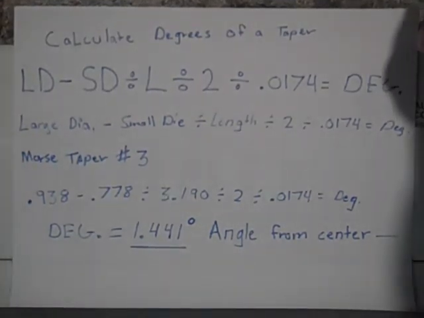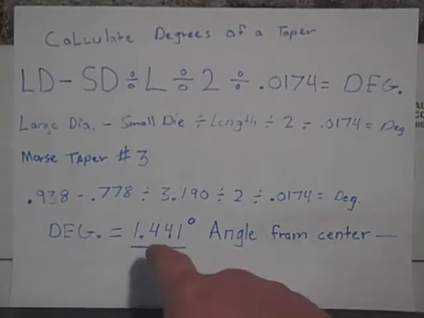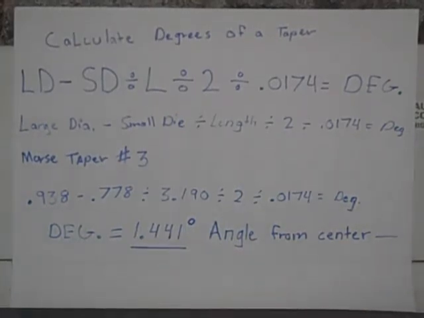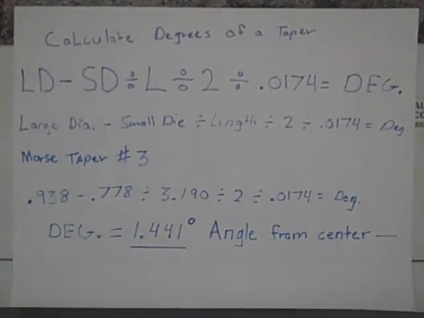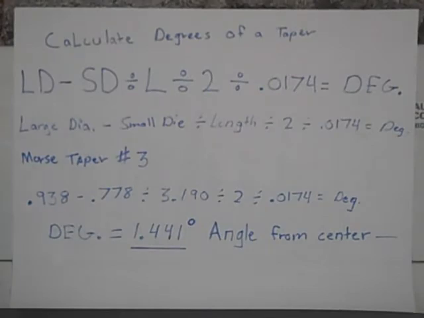Pretty easy, pretty simple. So, in other words, if you were to cut a number 3 Morse taper on your lathe, you'd set your taper attachment to nearly 1.5 degrees, or a little under 1.5 degrees, and you'd start from there and you check it. Or your compound, you set your compound to a little under 1.5 degrees, and it gives you a good starting point.